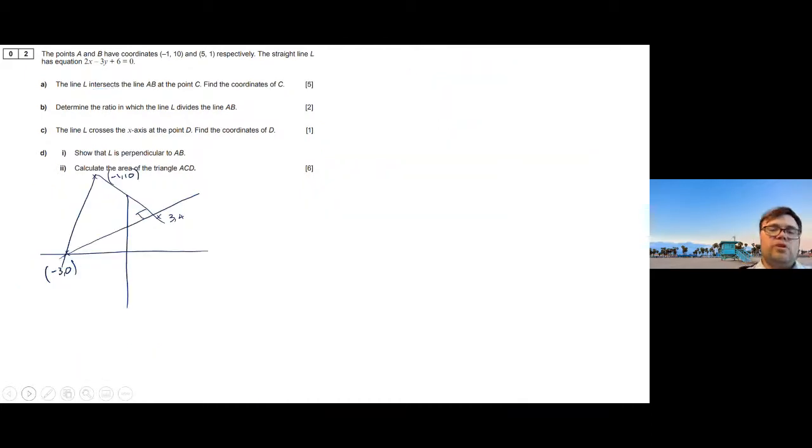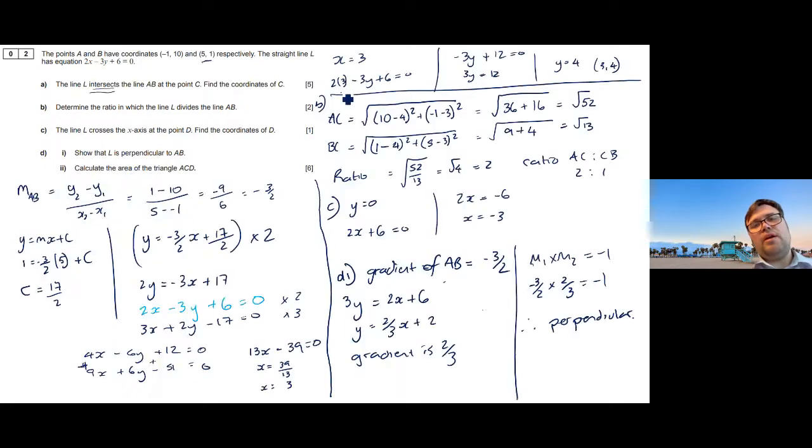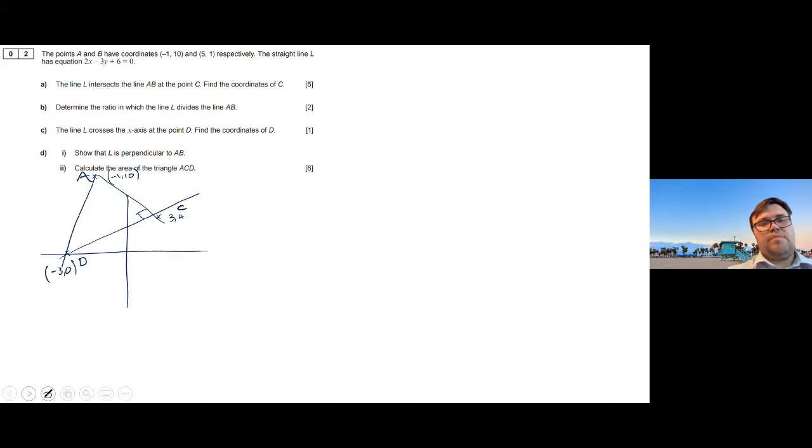So to work out the area of a triangle, I put that as D, this one is C, this one is A. The area equals a half base times height, which is a half AC times DC. We've already calculated AC when we were doing the ratio, so we need to work out the length of DC.